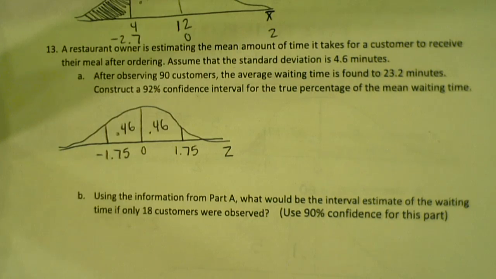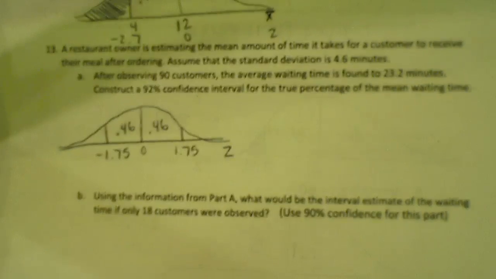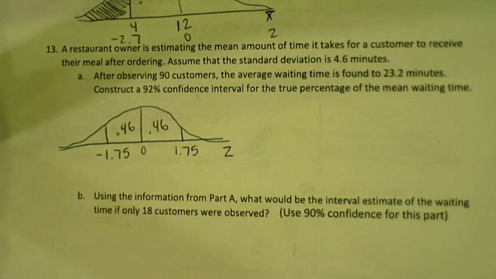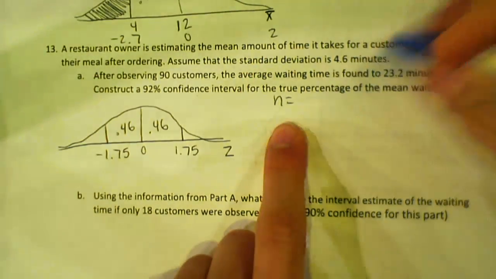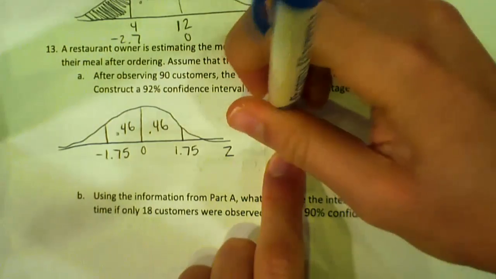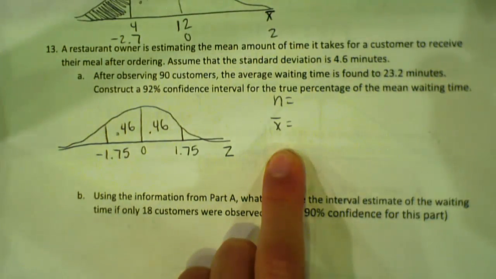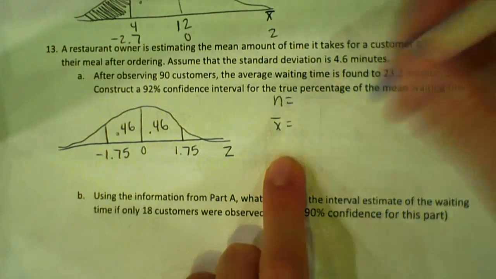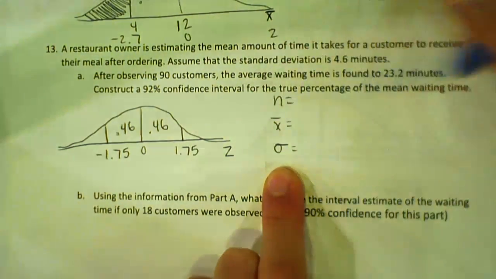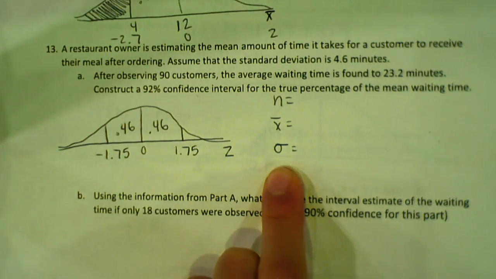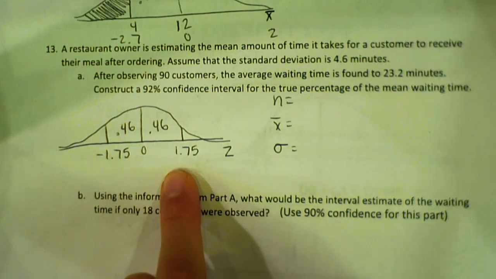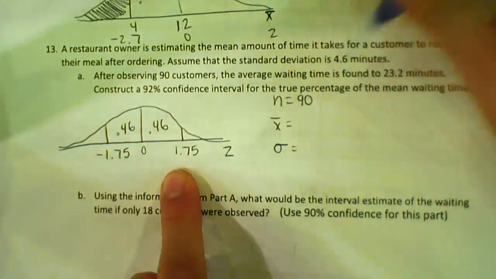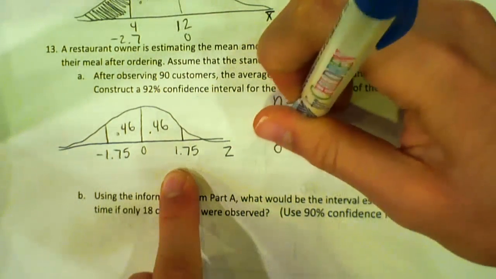All right, so this problem's kind of wordy. These are the variables that we need in order to figure out the interval estimate, right? And the standard deviation. We already know what our z-score is. We know that n is 90 based on the problem.